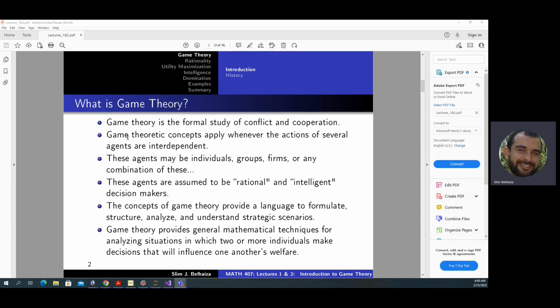So, in fact, the concepts of game theory provide what is called a language to formulate, structure, analyze and understand strategic scenarios. So, in general, game theory, as an introduction, provides a general mathematical framework or general mathematical techniques for analyzing situations in which two or more individuals make decisions that will influence one another's welfare.